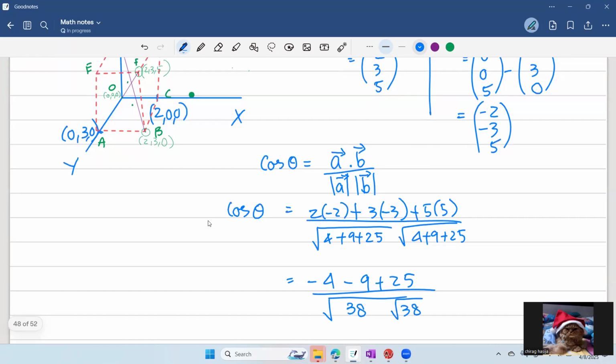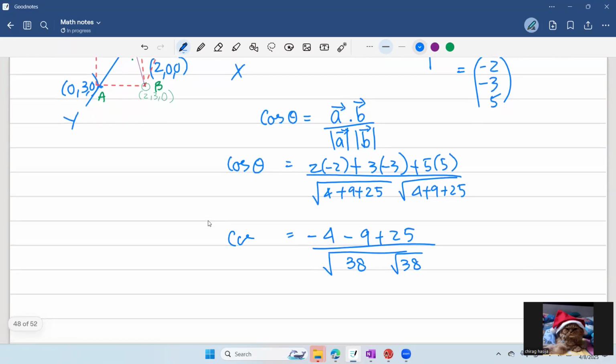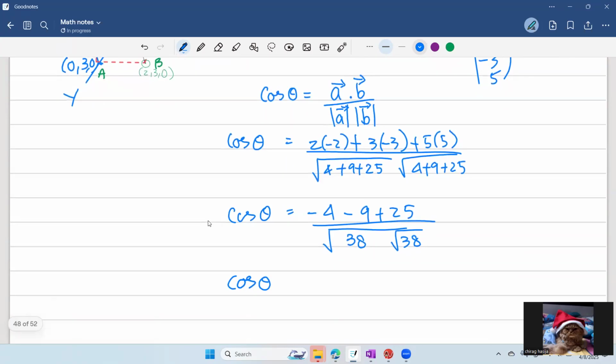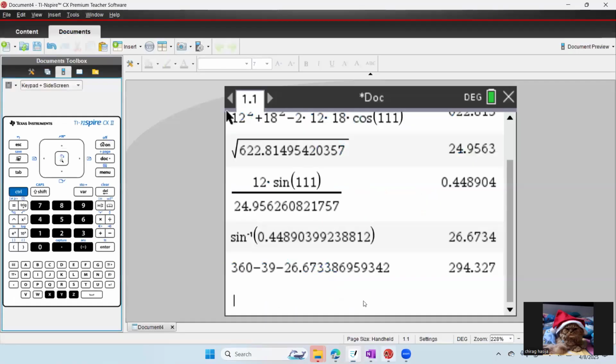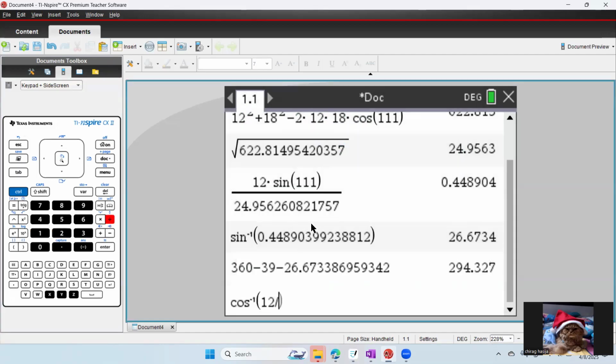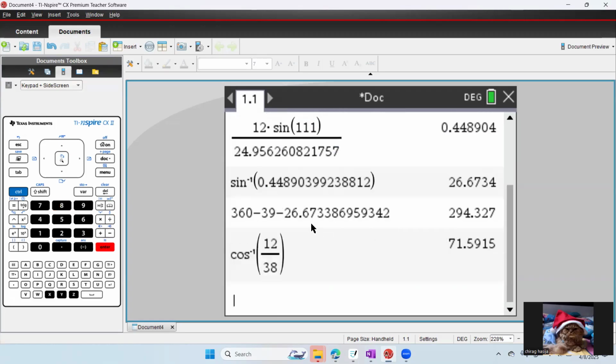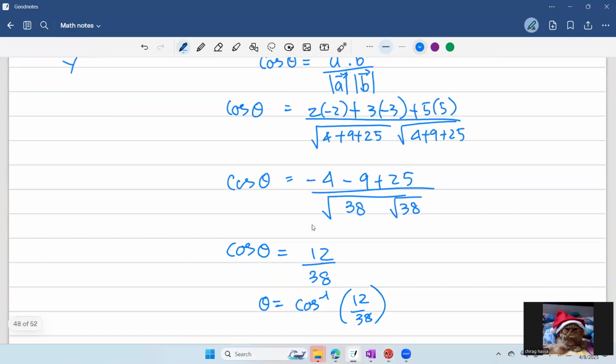Same thing, so it's just going to be 38 in the denominator. This is cos theta. And the numerator would be 25 minus 13, which is 12. 12 upon 38. So theta will be cos inverse of 12 over 38. Cos inverse of 12 over 38, there you go.